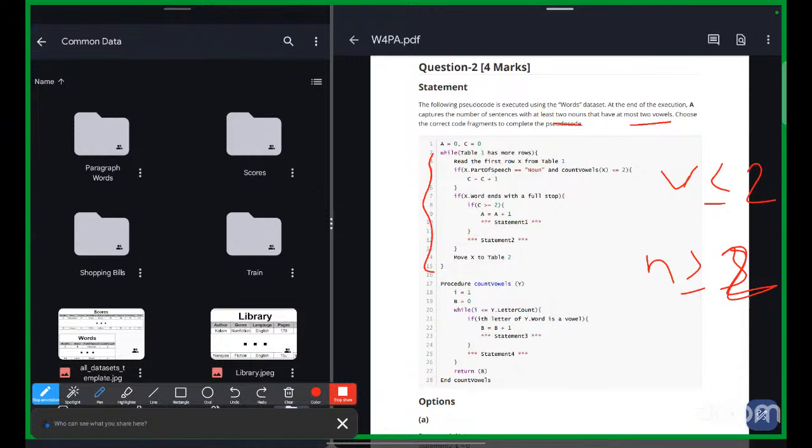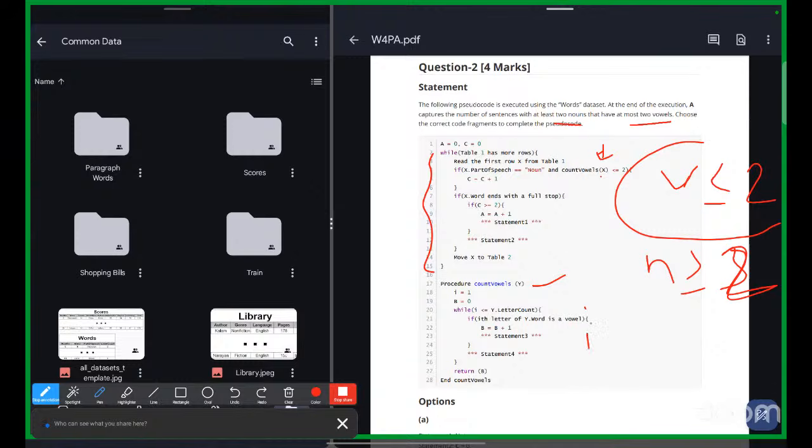Here we are doing a for loop or a while loop, and we have a procedure count vowels, which we will use to count the vowels. That is this condition. And X is basically the card which we have picked, and for that card we are checking the count of vowels.